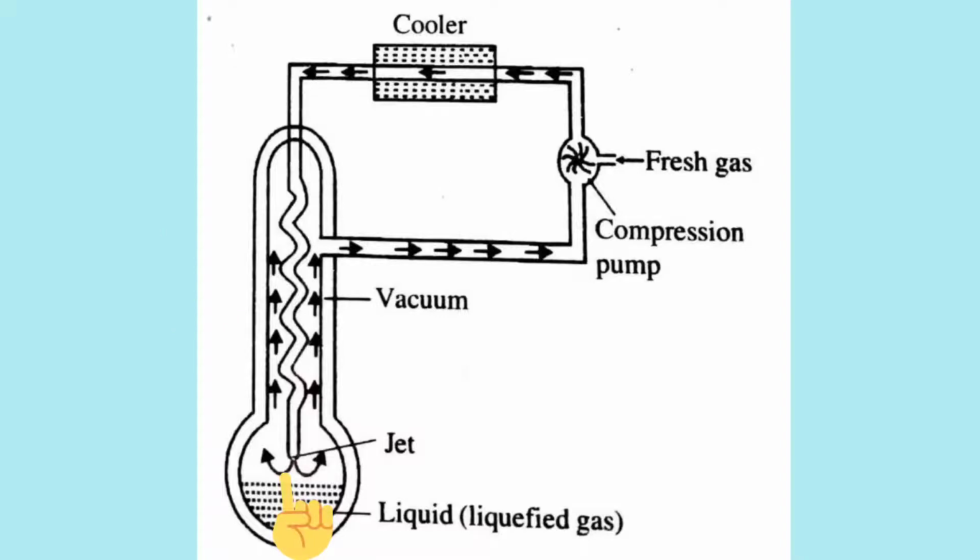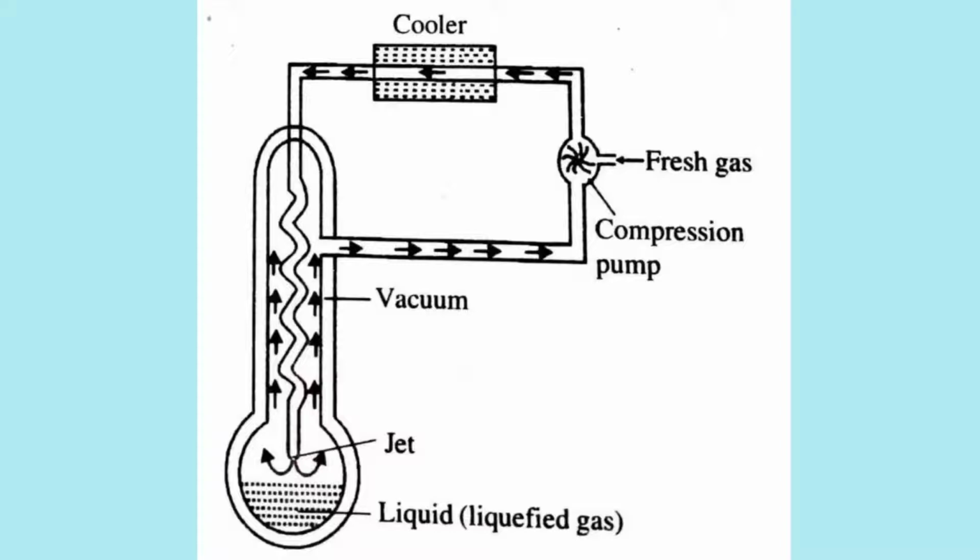Here you can see the spiral pipe. The gas is then passed through a spiral pipe having a jet at the end. Can you see that jet at the end? Through the jet, the gas expands out into a region of low pressure, about 1 atmosphere, and in this process it gets cooled.